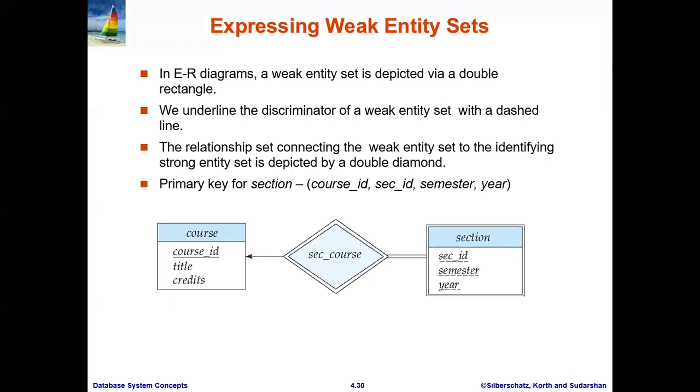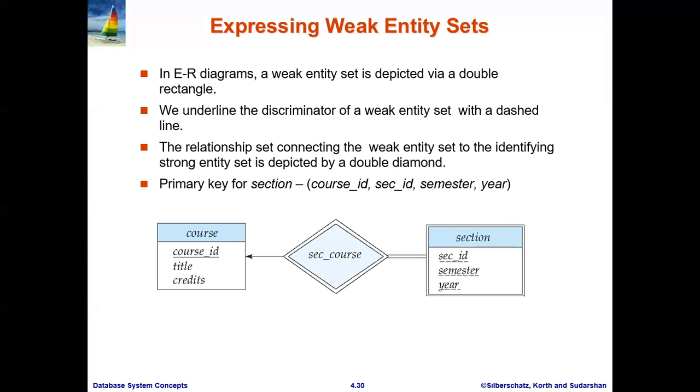Here we can see course_ID is underlined in the rectangle. So course ID acts as the primary key of the course entity, and other attributes are title, credits. Section doesn't have a primary key.